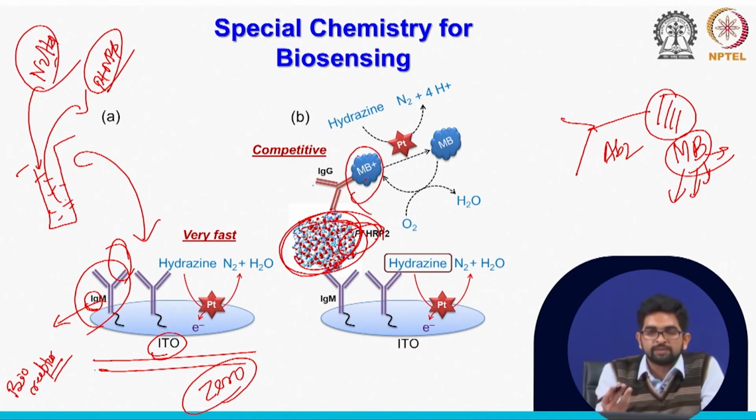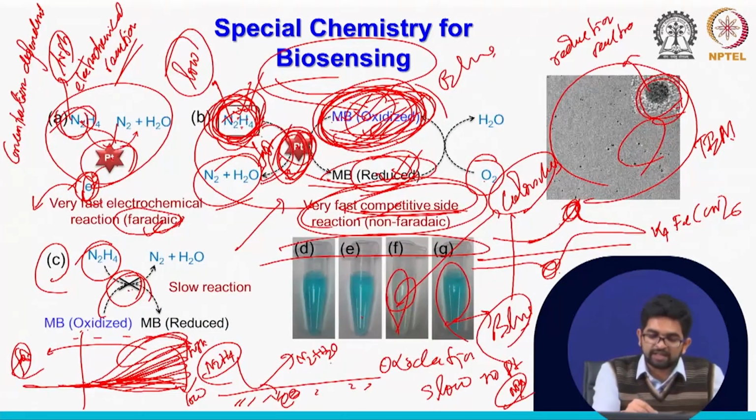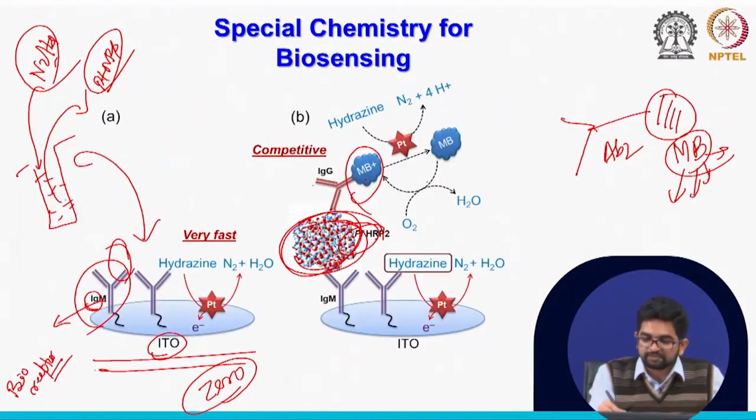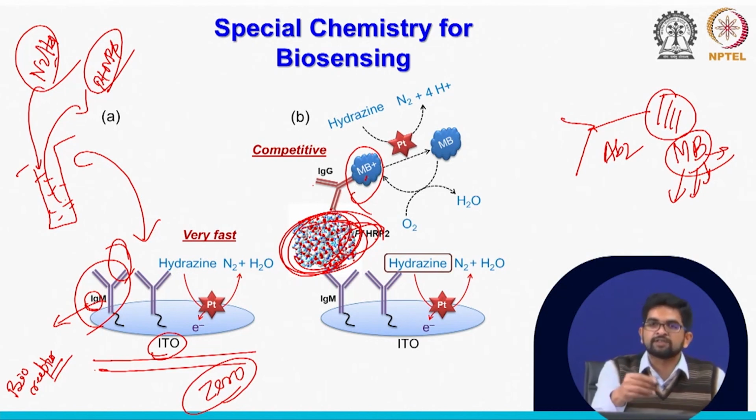So, with more target, more methylene blue will be on the surface, definitely. As I told you in the basic chemistry, we can tune the hydrogen concentration based on the methylene blue concentration, right. So, we are actually changing the methylene blue concentration based on the target concentration. Now, more methylene blue means more side reactions and the hydrogen concentration will be low.